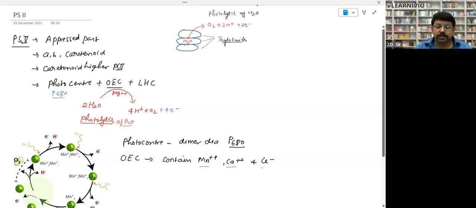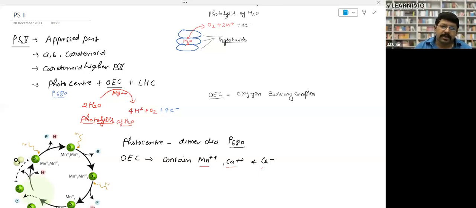It contains manganese, calcium ion, and chloride ion. This oxygen evolving complex is responsible for the breakdown of the water molecule.